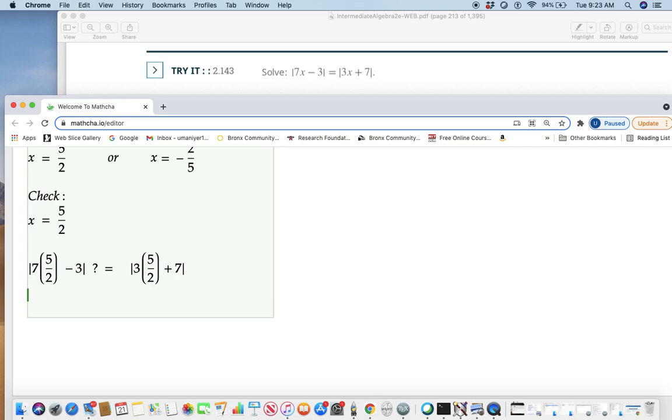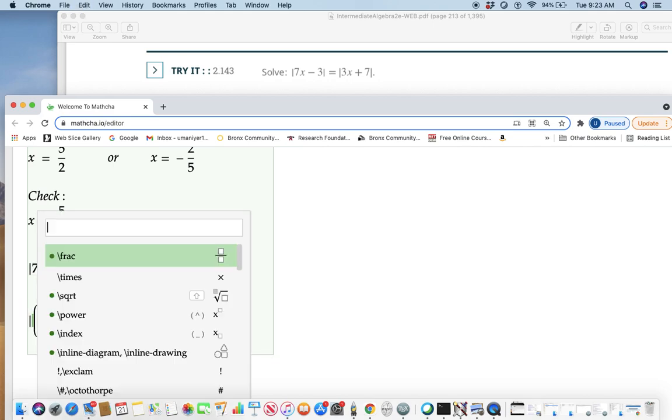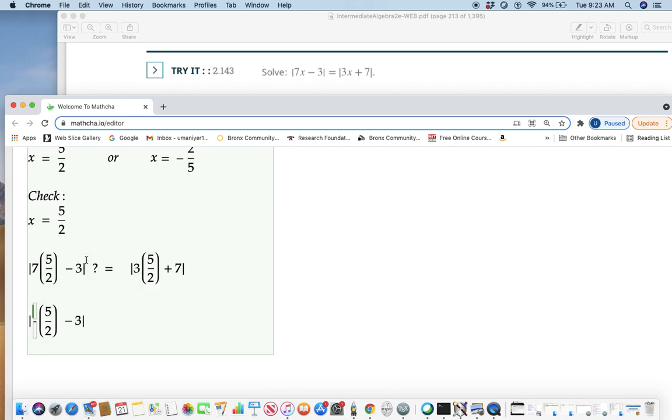Now, you're checking whether the two sides are equal. So here, left-hand side, let's simplify. 7 times 5 halves. Think of that 7 as the fraction 7 over 1.